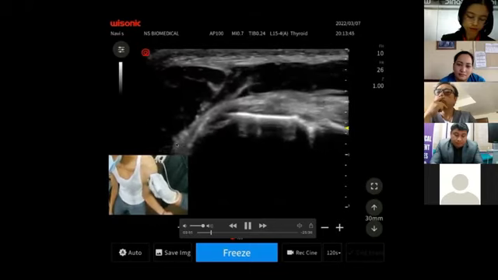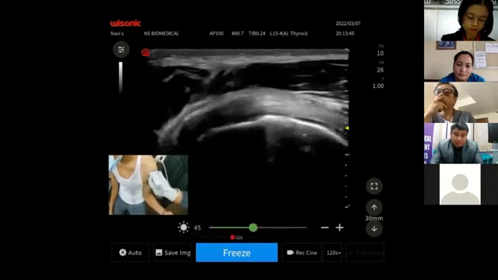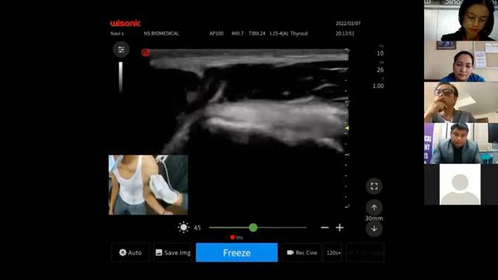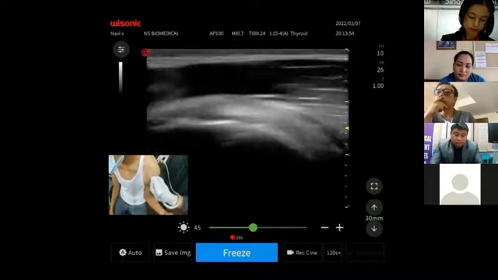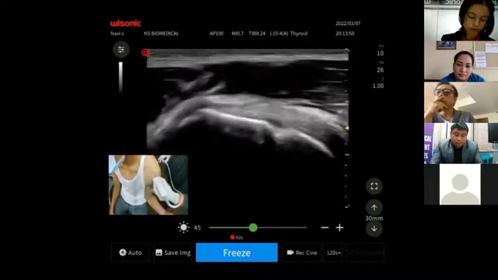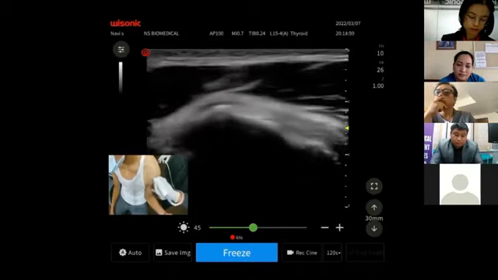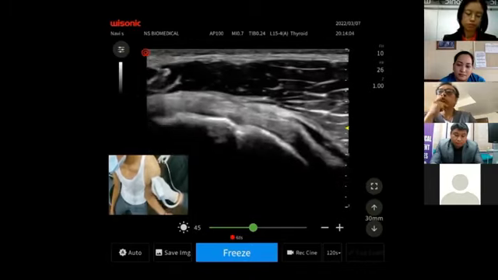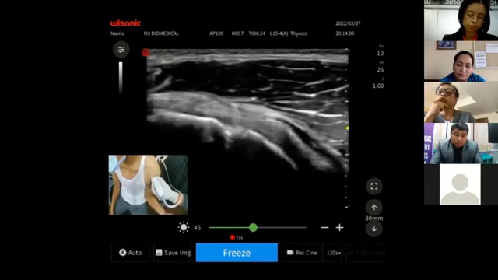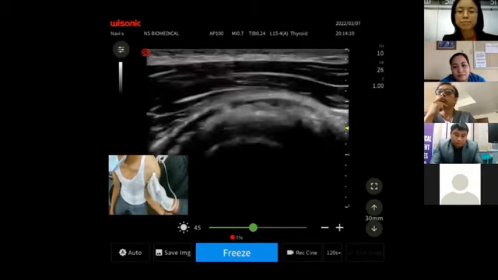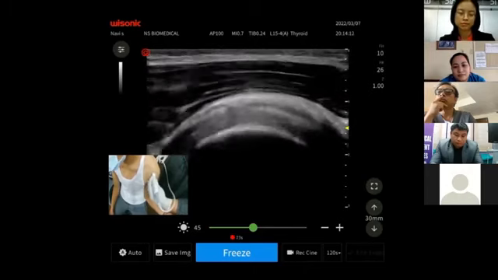While I scan the subscapularis tendon, I have to scan it superiorly to see the whole extension of the tendon, inferiorly, as well as anteriorly and posteriorly. So this was the long axis of the subscapularis muscle and tendon. After looking at it, now I turn my probe 90 degrees to look at the short axis view of the subscapularis muscle.